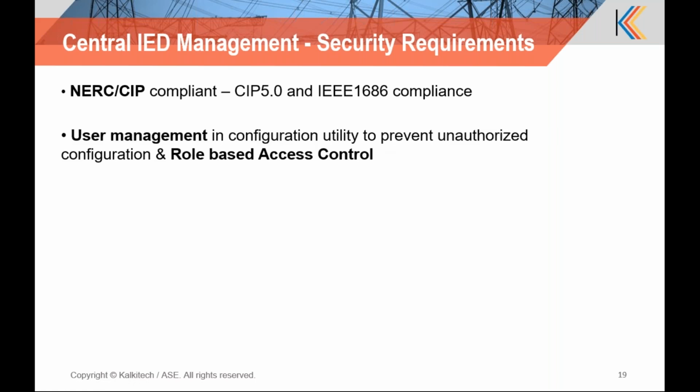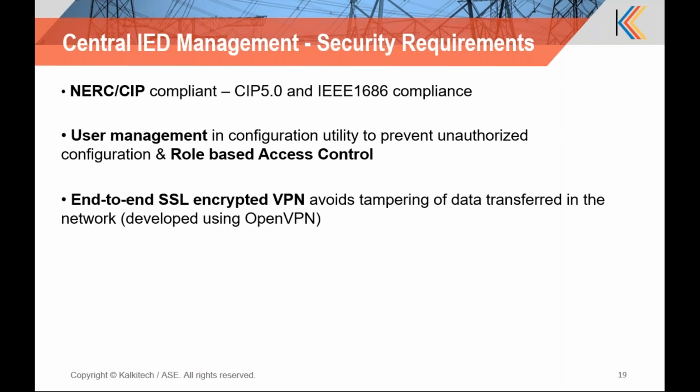Another key case is user management. As I have mentioned earlier, it needs to be specific that this user can only do this function, and this user can only access this feeder or this region or this substation. That level of setting is needed in user management, so role-based access is very key for all of this.